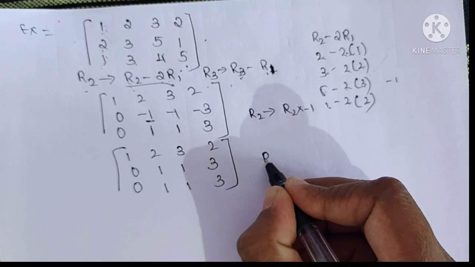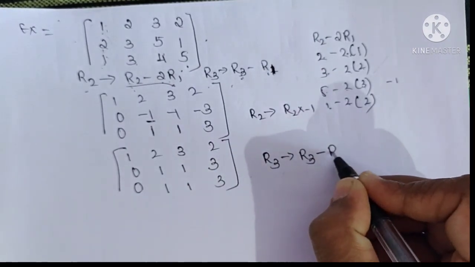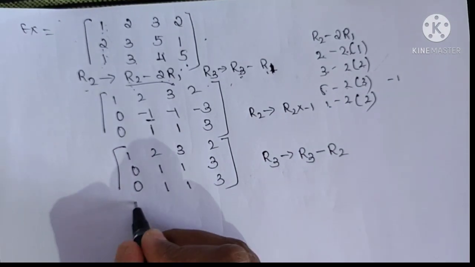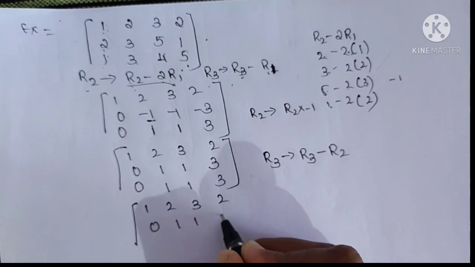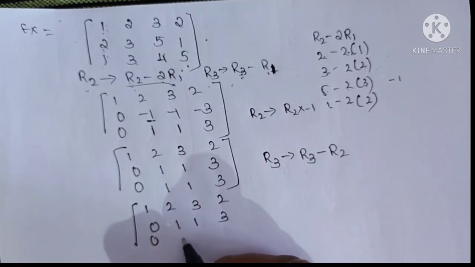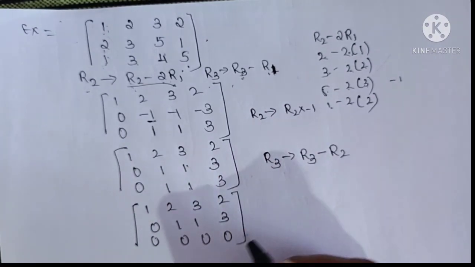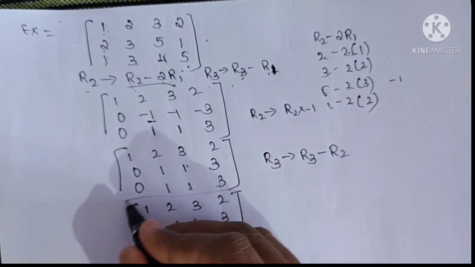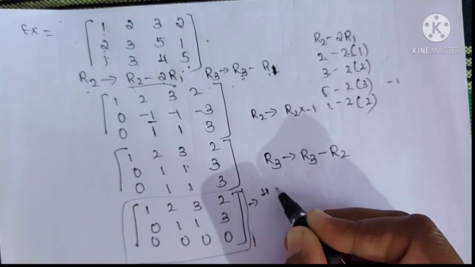Again you apply row transformation: R3 changes to R3 minus R2. Then the resulting matrix is 1 2 3 2, 0 1 1 3, 0 0 0 0, since 1 minus 1 is 0, 1 minus 1 is 0, 3 minus 3 is 0.